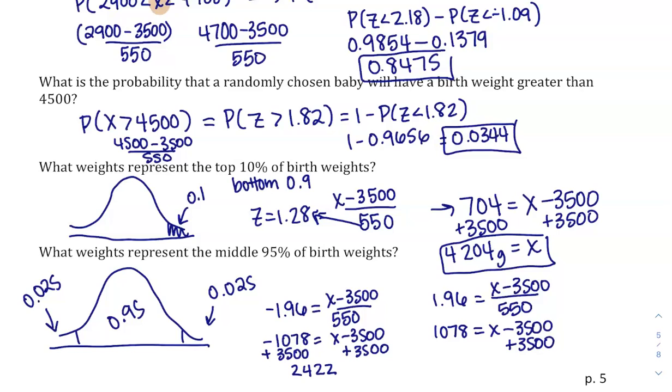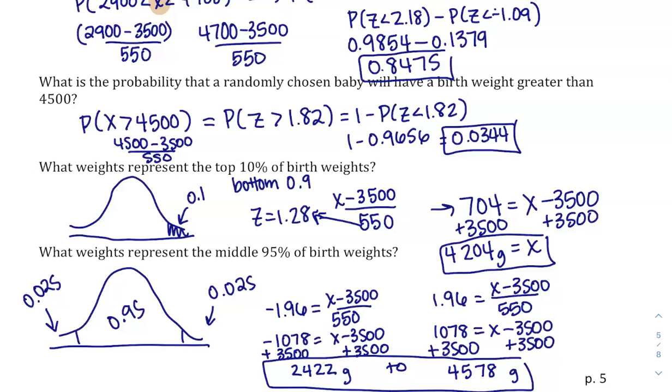So when we add 3,500 to that number, we get 4,578. So values between 2,422 grams to 4,578 grams represent the middle 95% of birth weights.